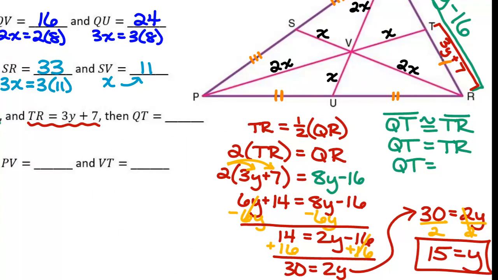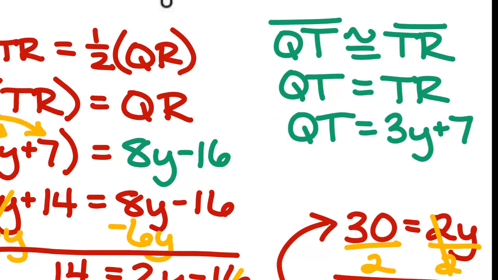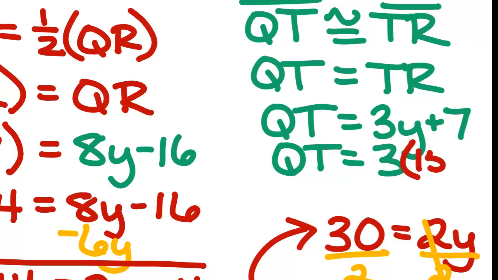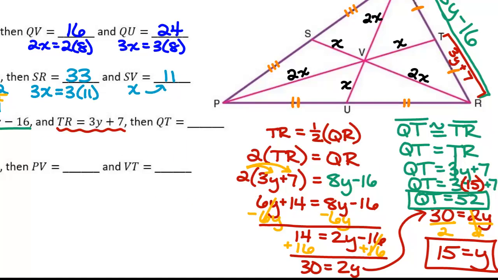So QT is equal to 3y plus 7, which means I'm going to do 3 times 15 plus 7. What is 3 times 15? 45, and 45 plus 7? 52. So QT is 52.